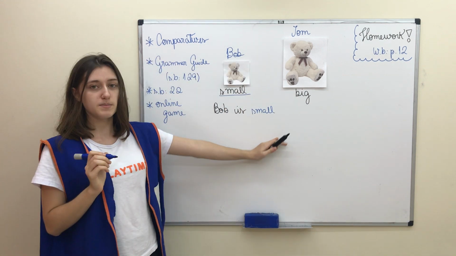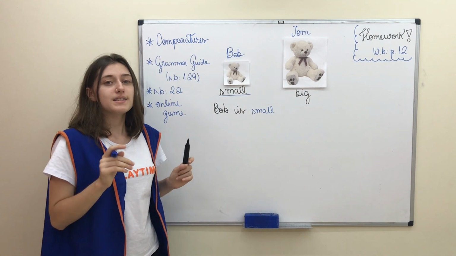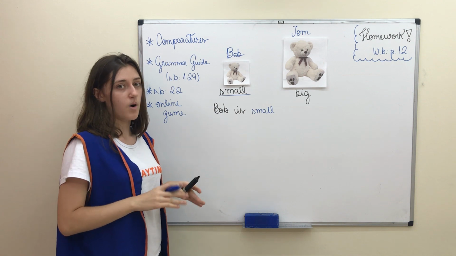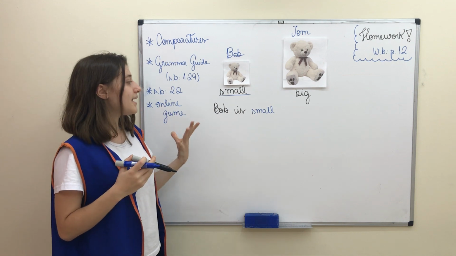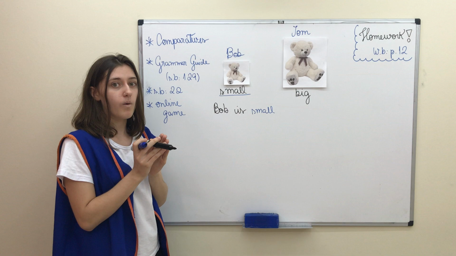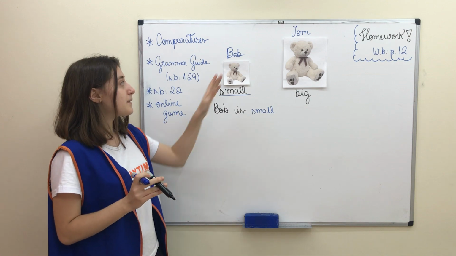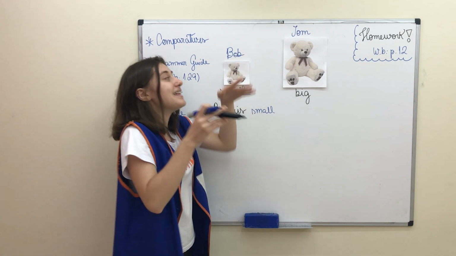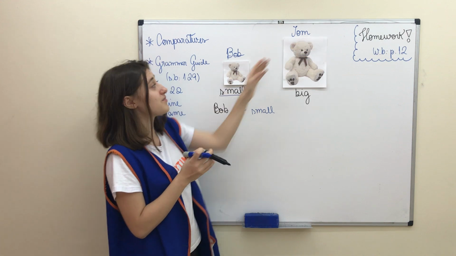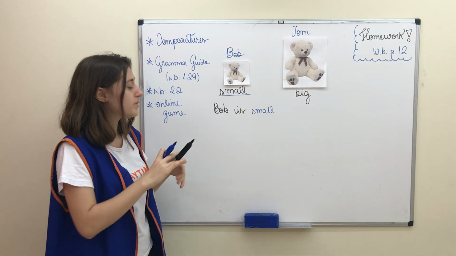Okay, Bob is small. But I don't want to say only that Bob is small. Eu não quero falar apenas que o Bob é small. I want to say that Bob is menor than Tom. Eu quero falar que o Bob é menor do que o Tom.